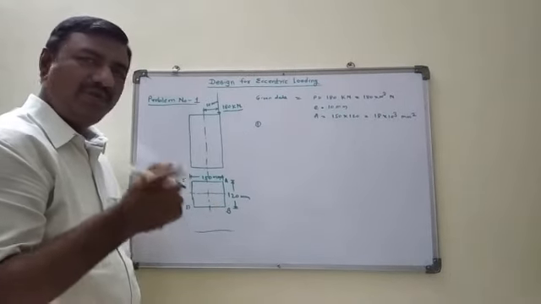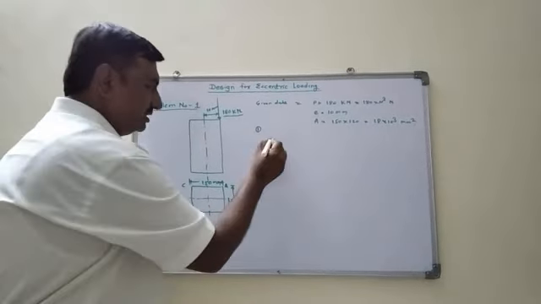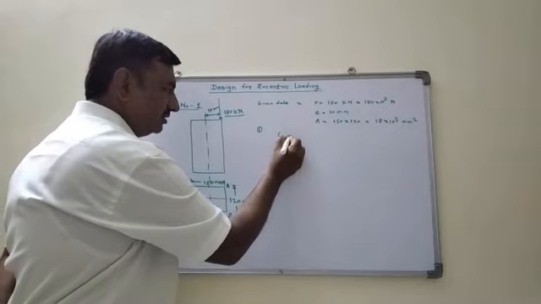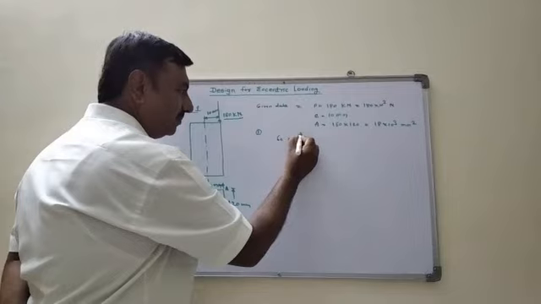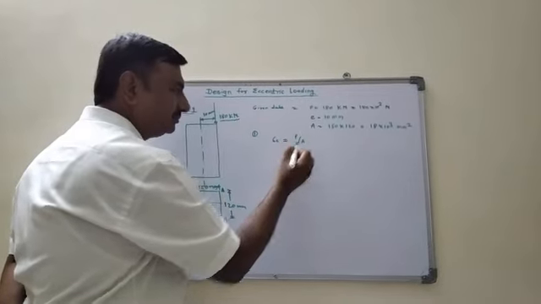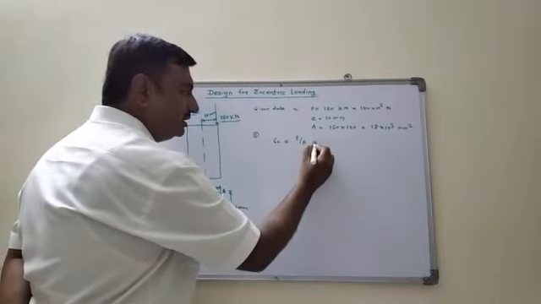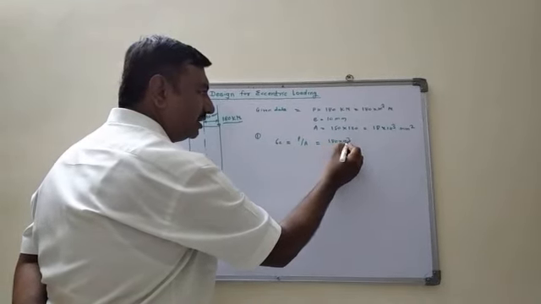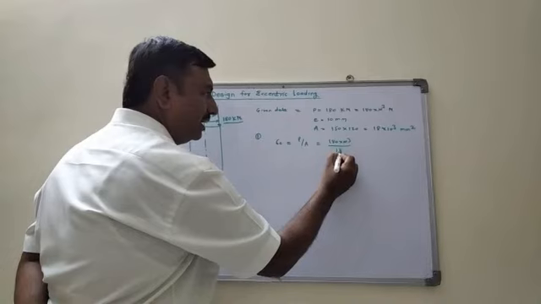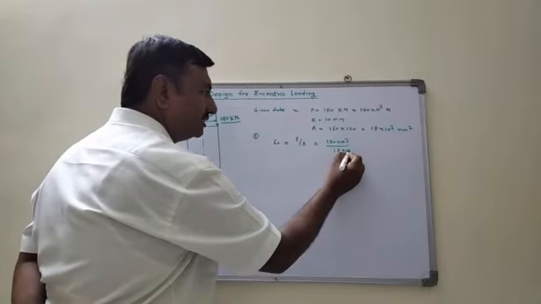As I told, in the first step there are two effects. One is the direct compressive stress, sigma C. We have the equation sigma C is equal to P upon A. P is known: 180 into 10 raised to 3 upon 18 into 10 raised to 3.